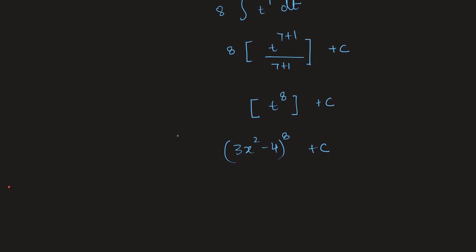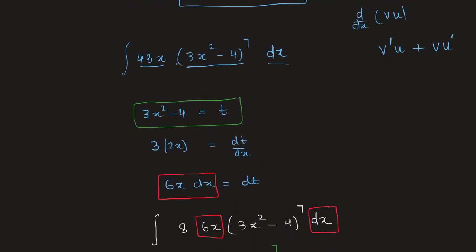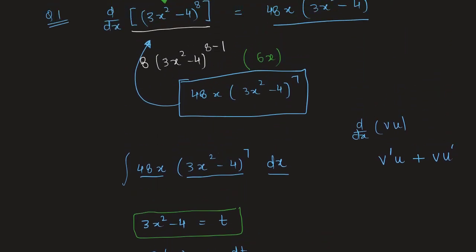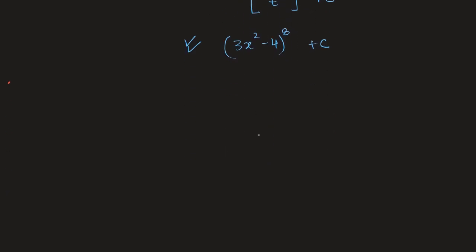Got it? So this is the function we started with. So what we have done over here is we have understood how to integrate an expression by using the method of substitution.